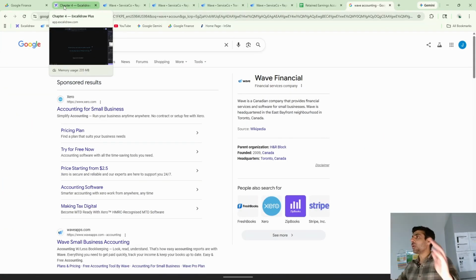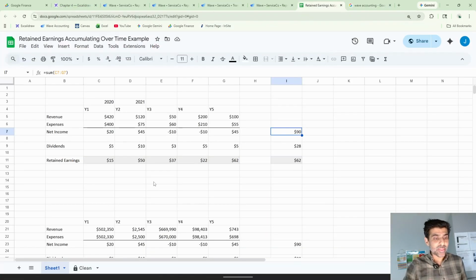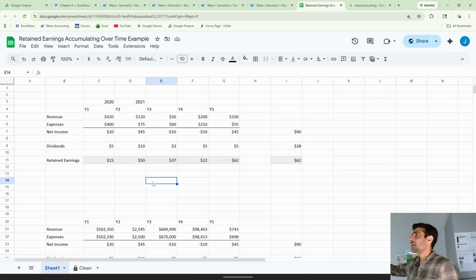So again, this whole chapter is a contrived thing. Okay, you're never going to have to do it, but I think it is helping you understand this concept that I tried to illustrate here, where we have an ending balance for the end of a year that becomes the beginning balance of the next year, and then we're updating it based on what happened.